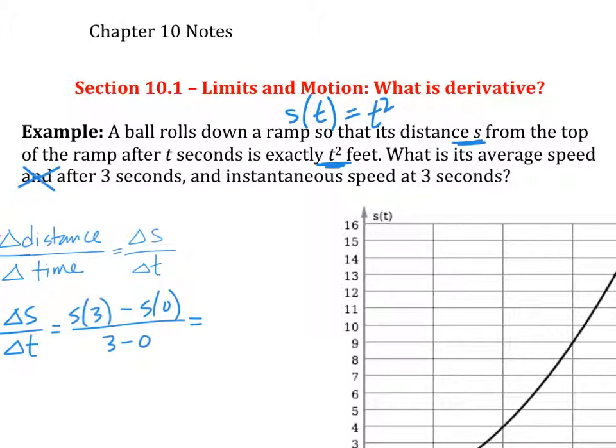That is how far it went down the ramp. So s of 3 is 9, because it's 3 squared. So 3 squared minus 0 squared over 3 minus 0 is 9 over 3, which is 3.